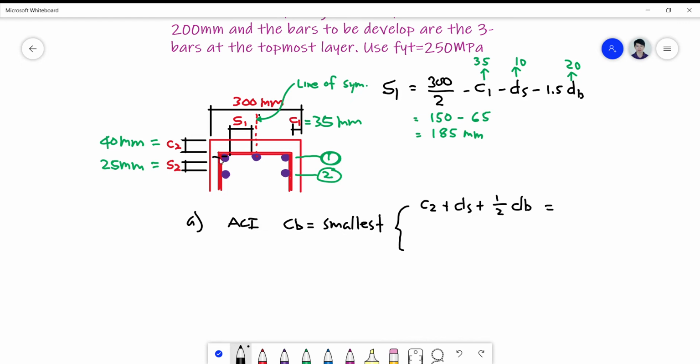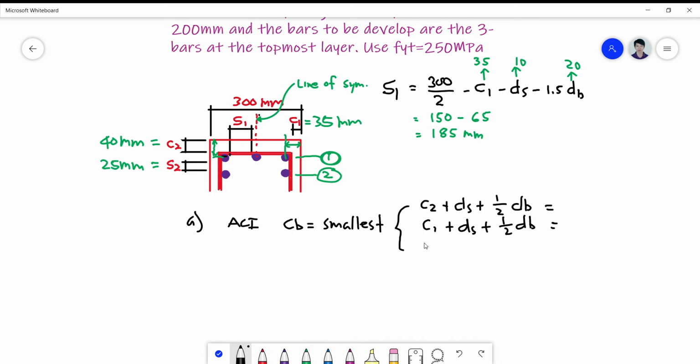This is your CB, the potential CB requirement that we are getting there. Okay. And another is this one here, the center here up to that surface. So it can be C1 plus ds plus 1/2 of dB also.